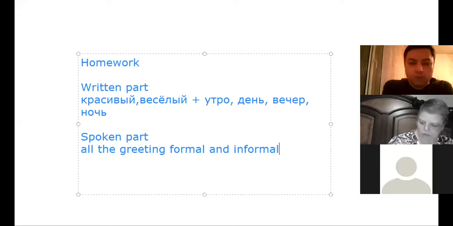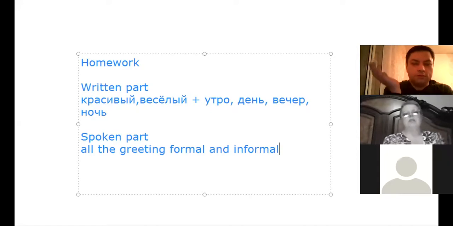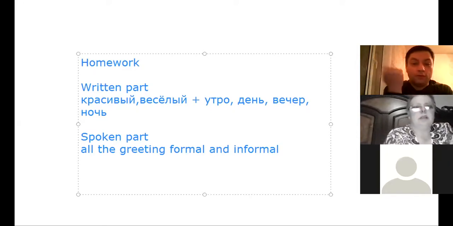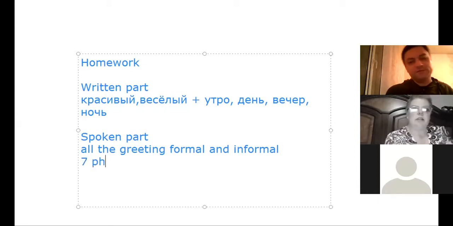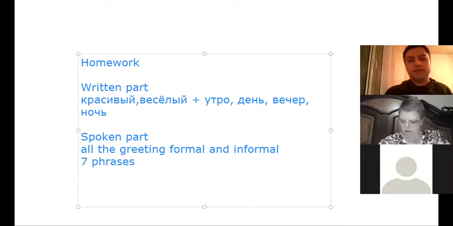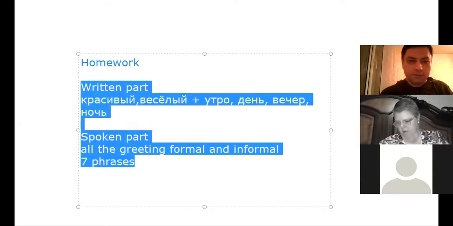So for the formal greetings, you must say 4 phrases, which would be hello and good morning, good afternoon, good evening. For informal, you must say only 1 phrase, is привет. So you do 5, and then you must say goodbye in formal way and informal. So altogether, 7 phrases. You must say as a homework.